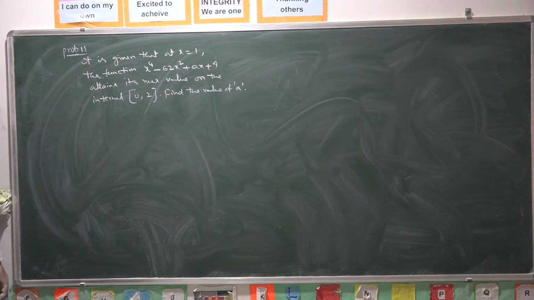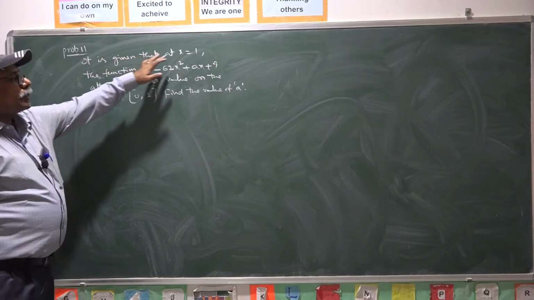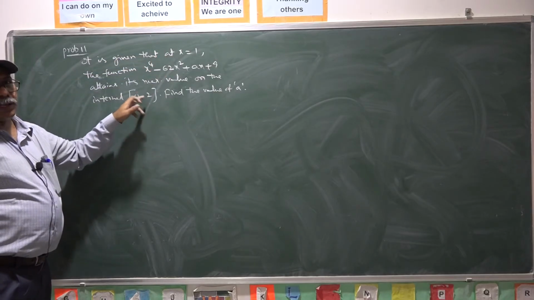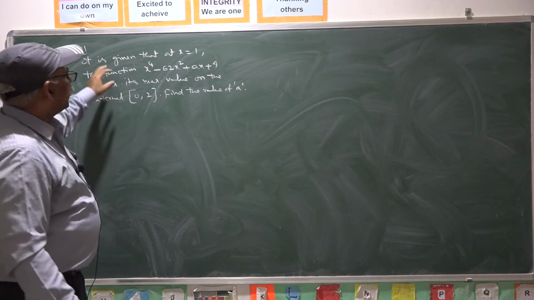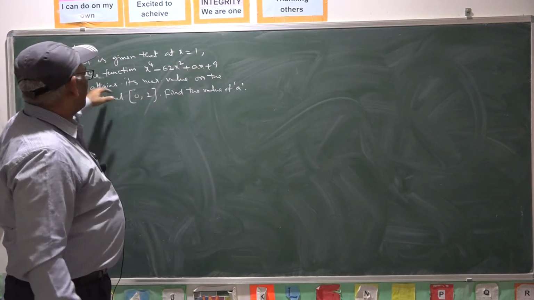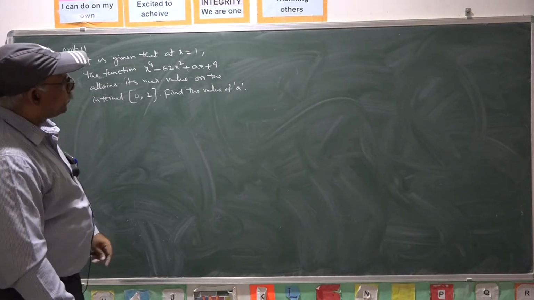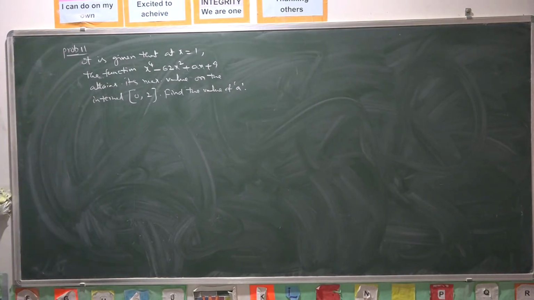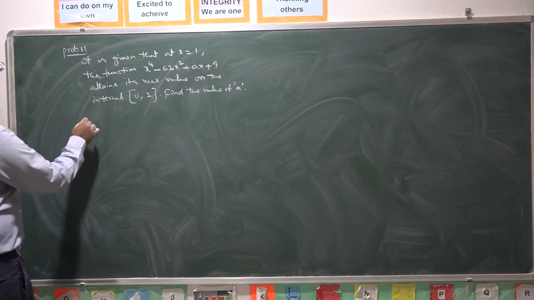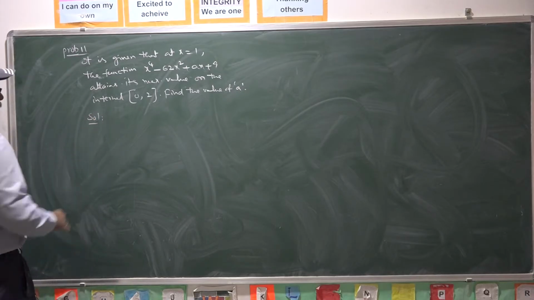It is given that at x equal to 1 particularly, the function attains its maximum value in the interval. Find the value of a. Actually, this is a very simple question.